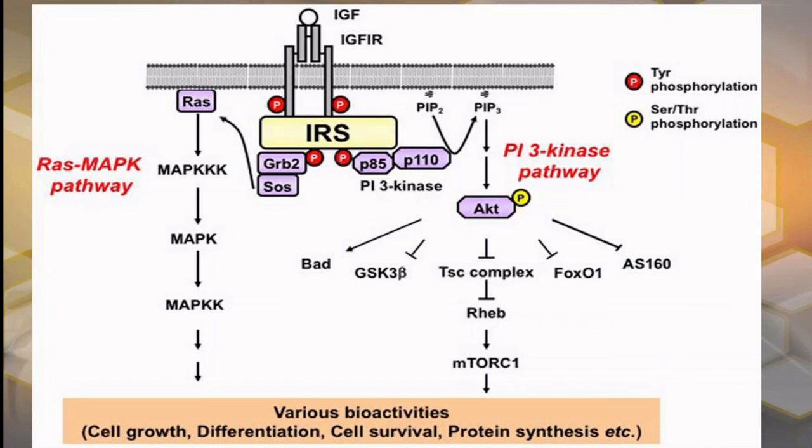This is another figure which explains in detail the PI3 kinase pathway and the RAS pathway. You can see the MAP kinases, and these enzymes are activated in the IRS system.